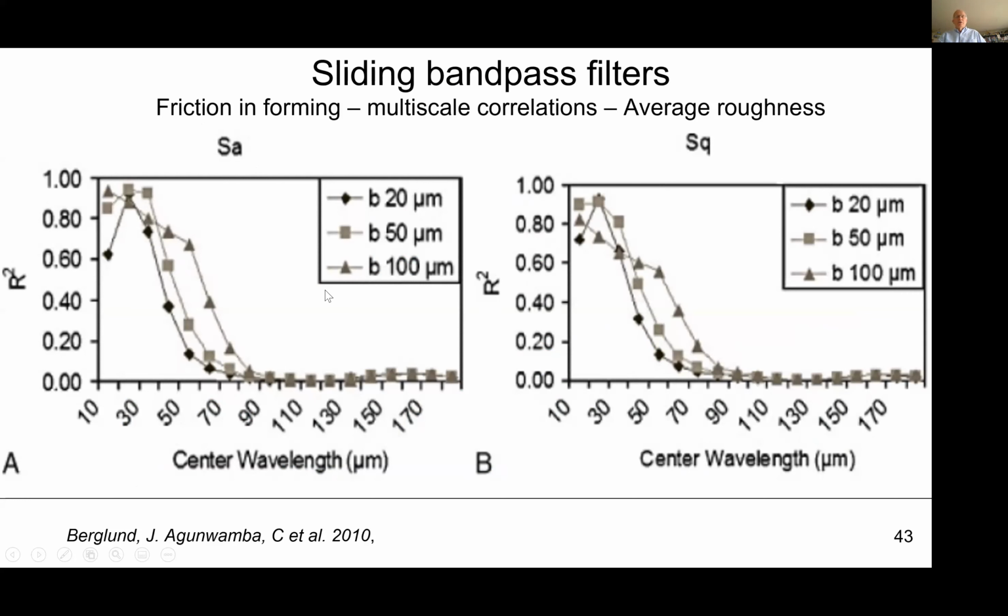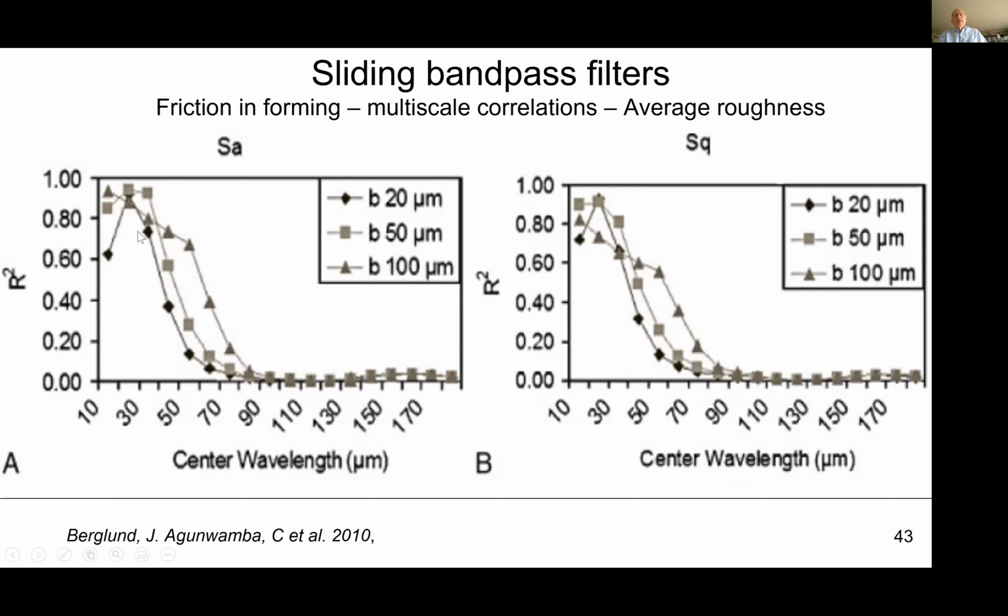So all I have to do is bring those two scales between waviness and noise close enough together, and then scan the spectrum, calculate the SA or the SQ at each position, and I can get very strong R-squared values. You can get very strong ones from the area scale analysis.